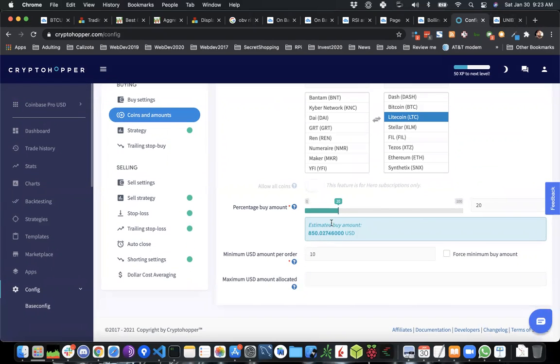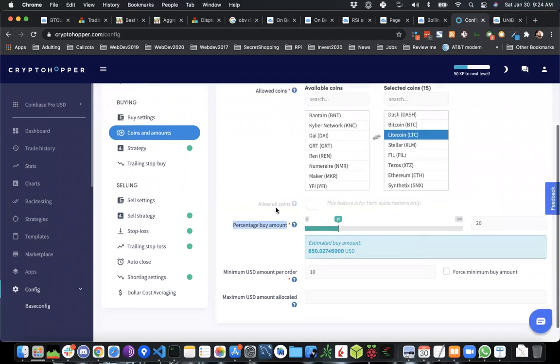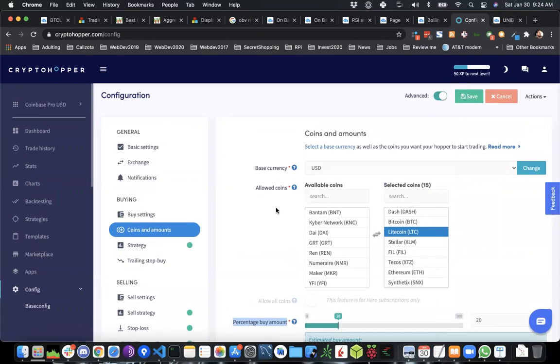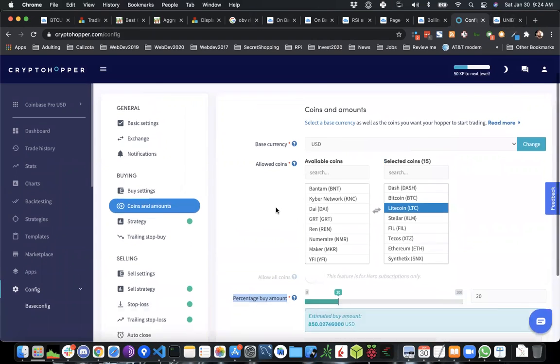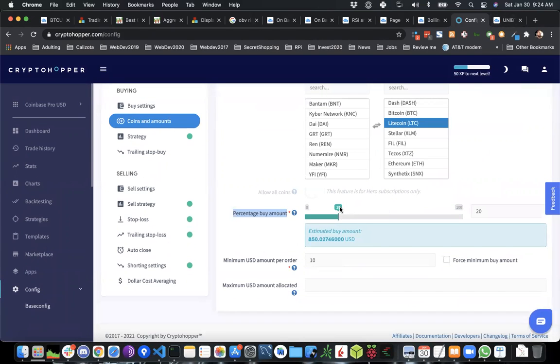And then you can set the percentage amount. It's a percentage against your total holdings, right? So I have $4,000 now. I only had 1,600 to start with. So 20% of 4,000 is now 850. When I first set this 20%, when it was 1,600, this number was only about $300.